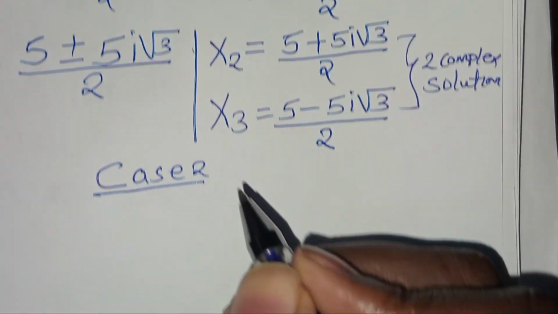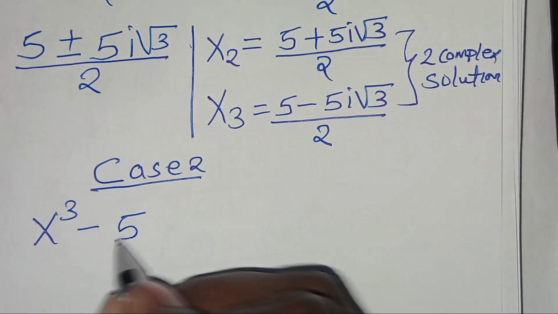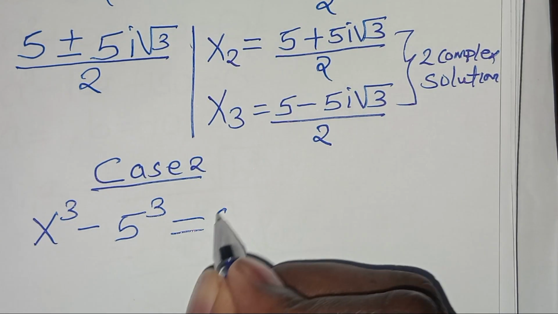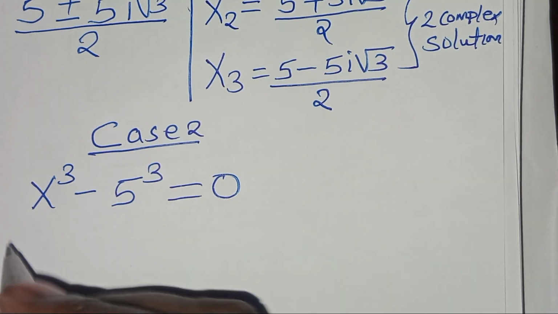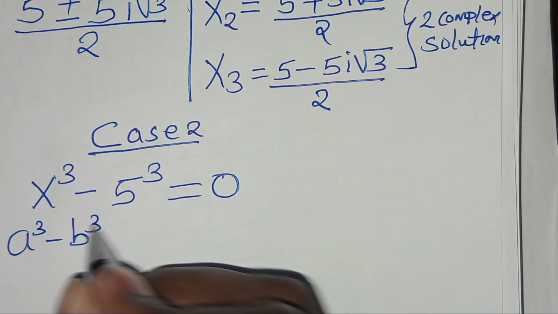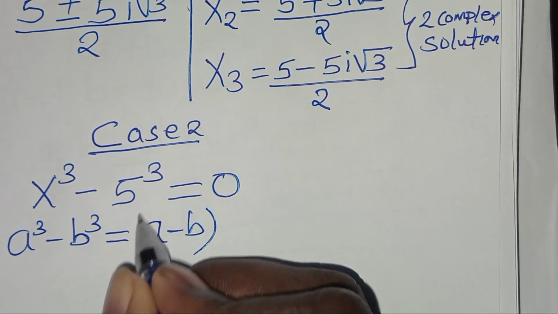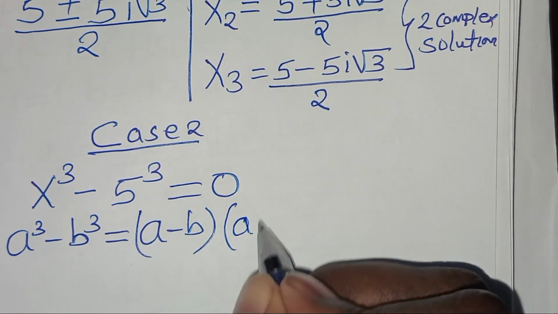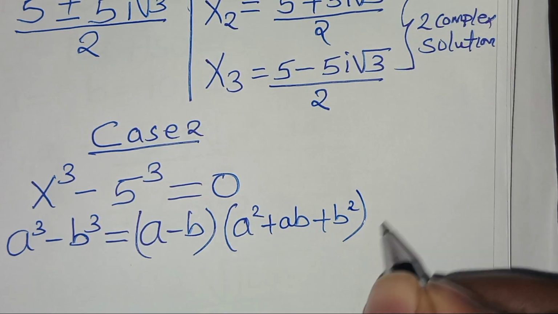Now, in case 2, we have x to the power 3 subtract 5 to the power 3. This is equal to 0. Now, this is the difference of two cubes expressed as a to the power 3 minus b to the power 3, which we can express as a minus b, then here we have a squared plus ab plus b squared.